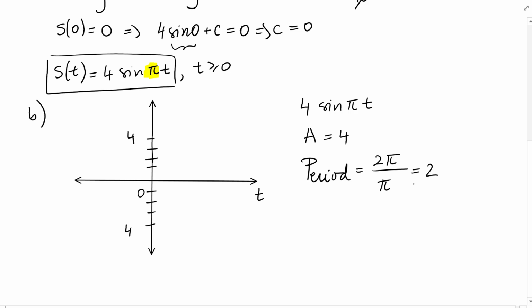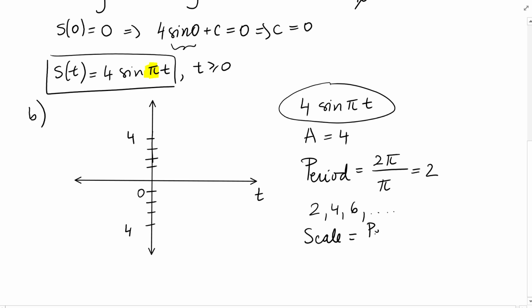What does that mean? It means that the function sine of pi t repeats every 2. So from 2, 4, 6, and so on, it repeats, the same way sine of t repeats every 2 pi. Now the scale is given by the period divided by 4. In this case, it's 2 over 4, or a half.